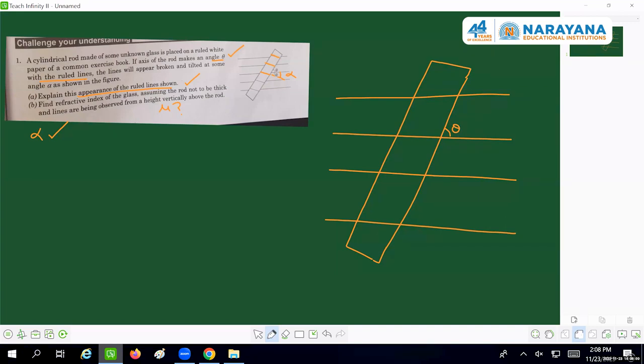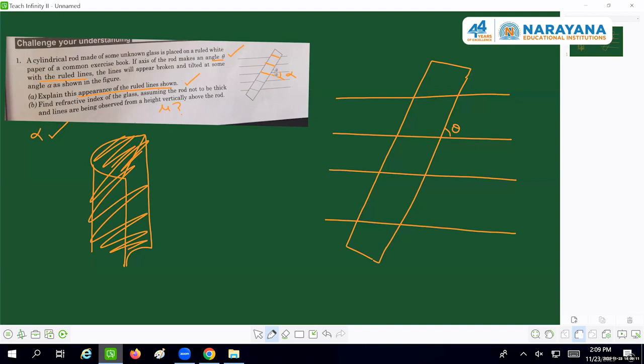Now, the core idea behind the problem is based on the fact that if I take a half cylinder, and I try to position an object across this half cylinder, let's say you are observing something from this side, and there is some object across this half cylinder, there are two orientations of that object.